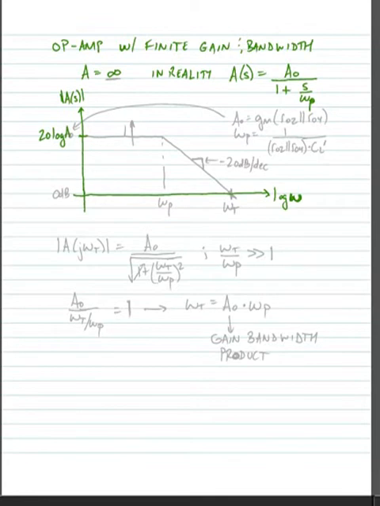We would see that from DC, the amplifier would have a gain equal to 20 log of A0. And A0 for the op-amp we've been looking at, of course, is gm times ro2 in parallel with ro4. So that would be that value.